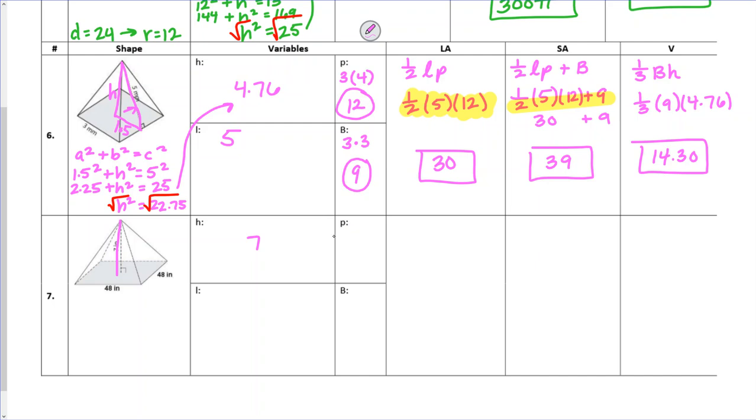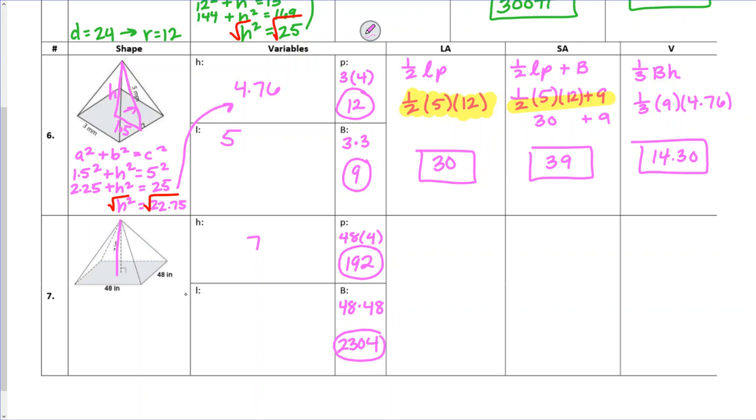So the easiest way to find the perimeter is take the one side, 48, and multiply it times 4, which is 192. Base is our area, so we're going to multiply the two sides, 48 times 48, which is 2,304.